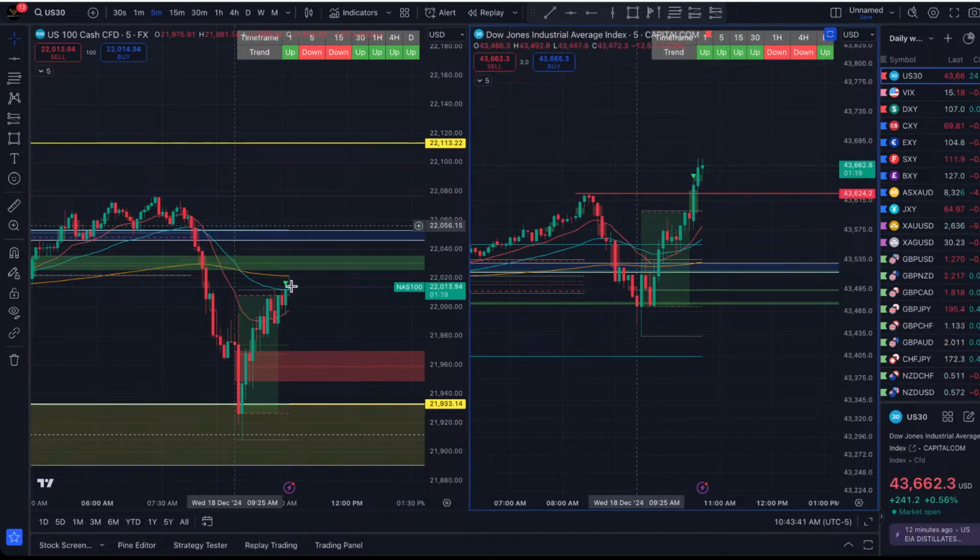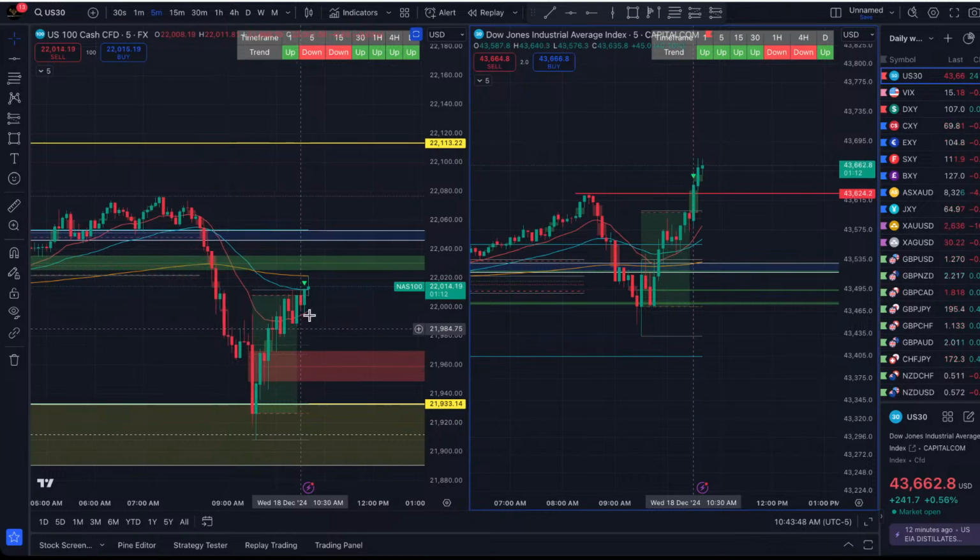Here, still slowly moving up. We got a bullish confirmation. Could see a pullback and then an extension. On FOMC day, the other thing is, as soon as you have New York open, you'll see a lot of consolidation, especially on NAS, because they're trying to engineer new liquidity.